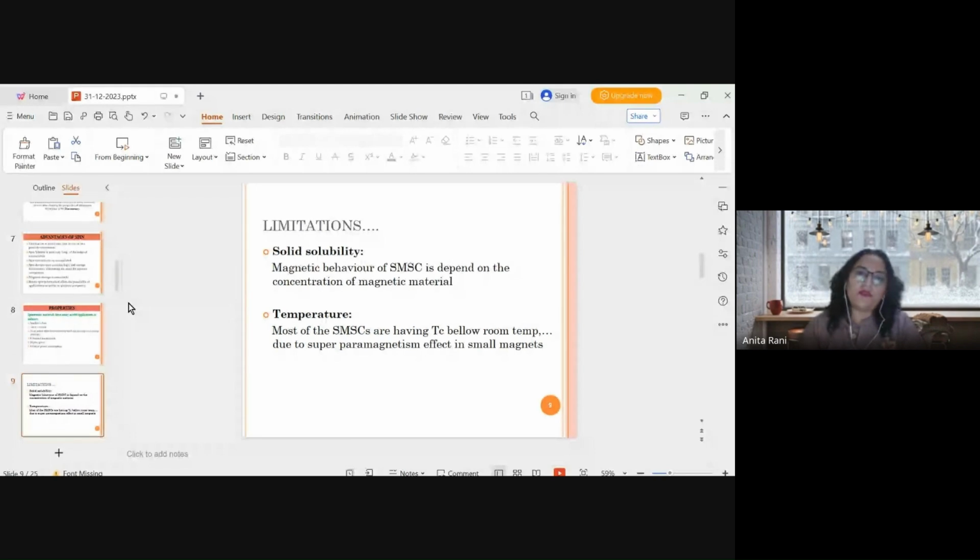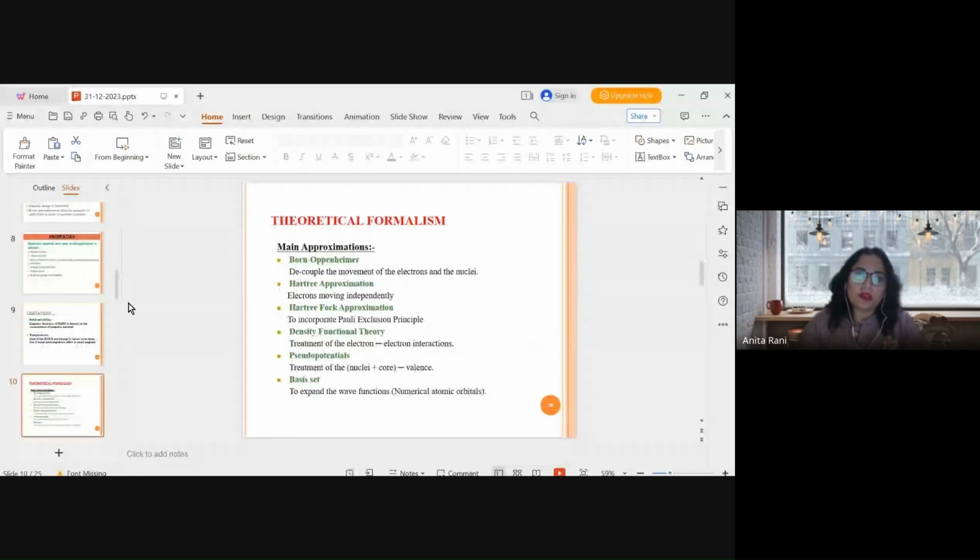But if the concentration of magnetic impurity is very, very small, then it will be very difficult to achieve the Curie temperature at room temperature level. So this is the main problem: we have to find devices or materials which have the Curie temperature at room temperature.